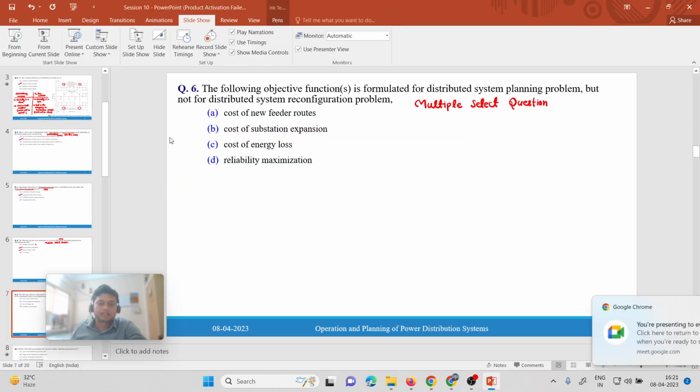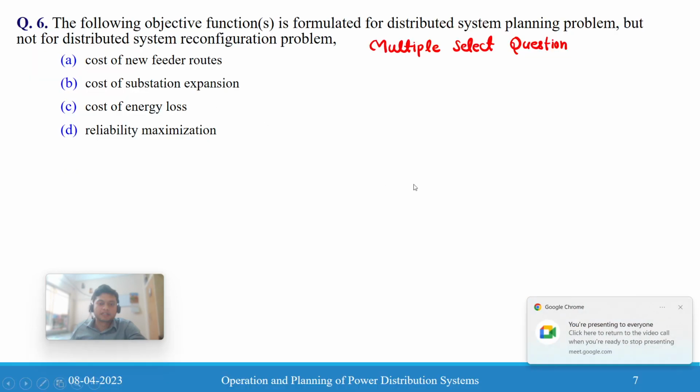So let me solve this problem. The cost of new feeder routes or cost of substation expansion, these are power system planning problems. While minimizing the power loss or maximizing the reliability comes under the power distribution system reconfiguration problem. So for this problem number 6, A and B are the correct options.